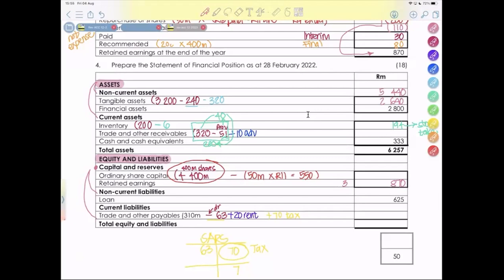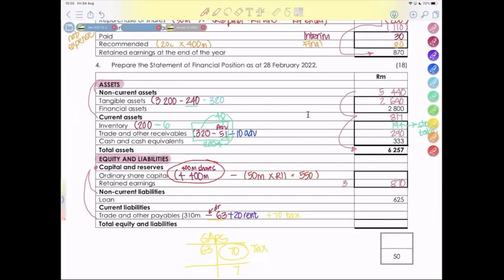Trade and other receivables, we know is the 280 plus the 10 advertising, so it's 290. And if you add all of those together, you should end up with 817. You can then take your non-current assets plus your current assets and check that you have got the correct total.